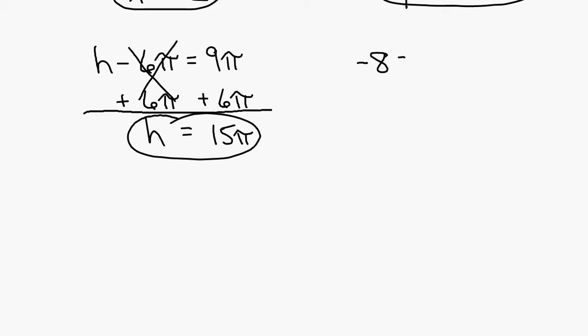Negative 8 equals k plus 5. Anybody want to share the first step? Minus 5. Excellent. Subtract 5 from each side.